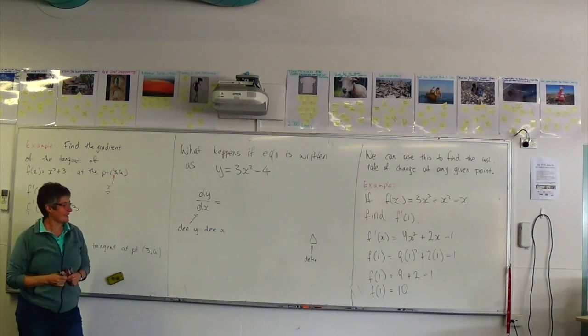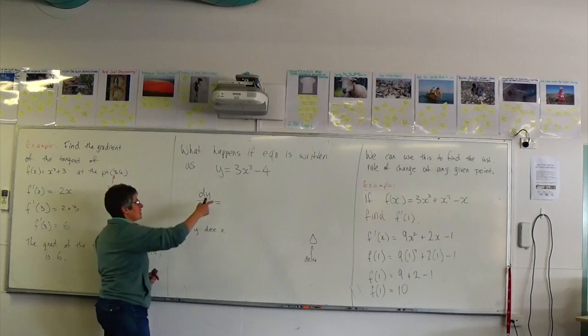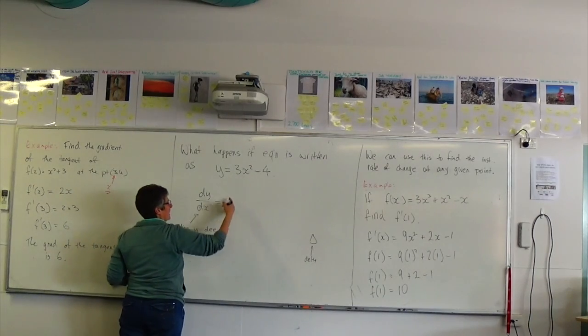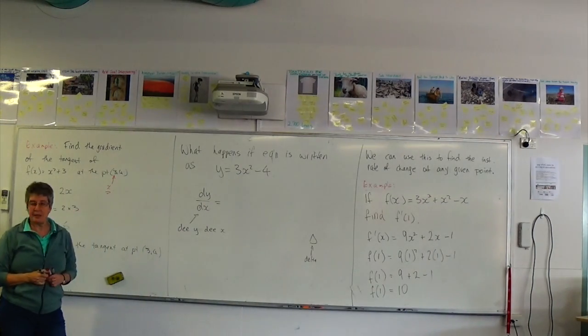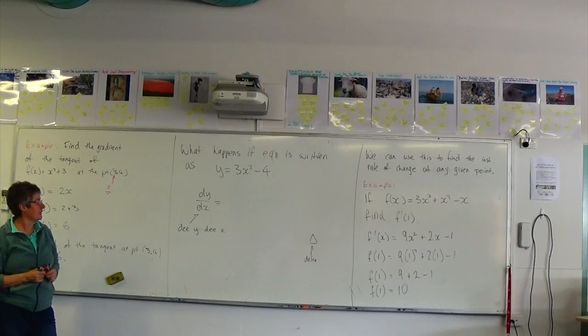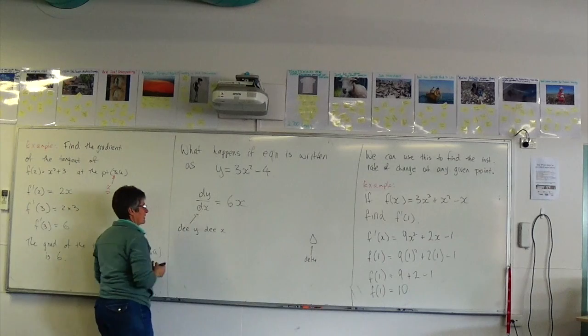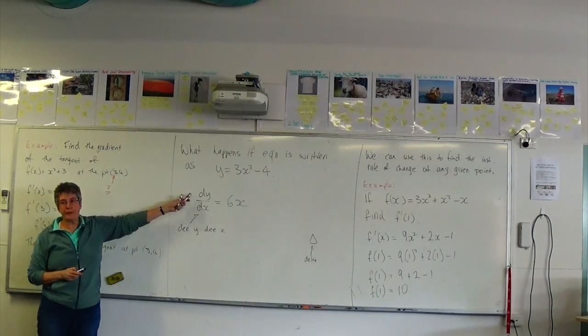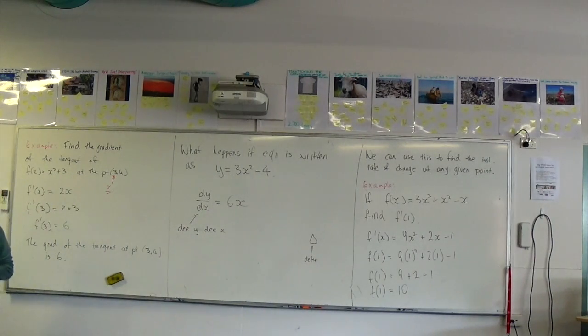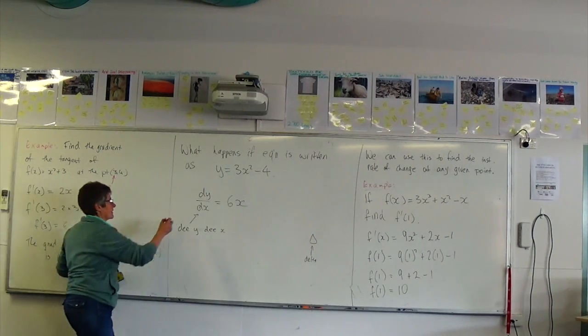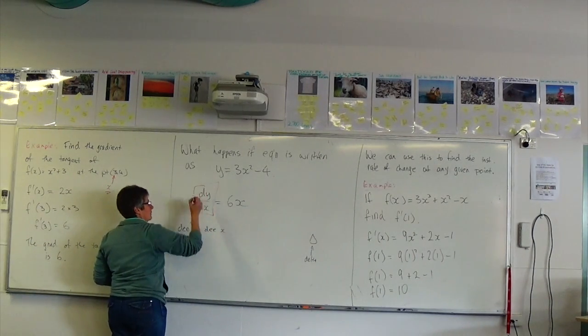And then we just do it as normal. So what will be the differentiation of that? 6x. Yep, just 6x. So if we've got it as y, then we use the term dy dx.